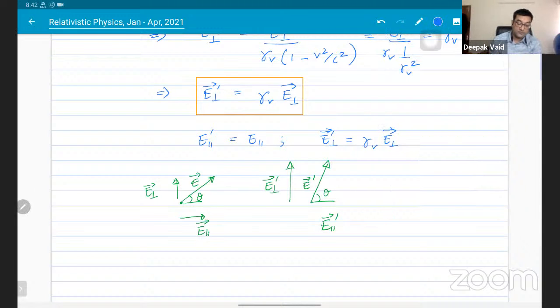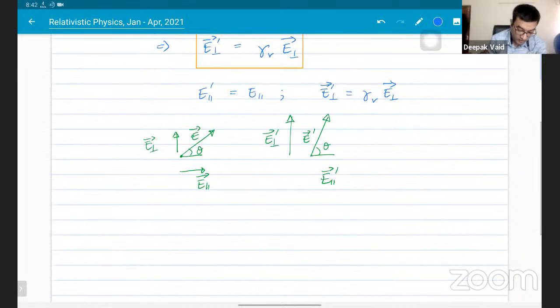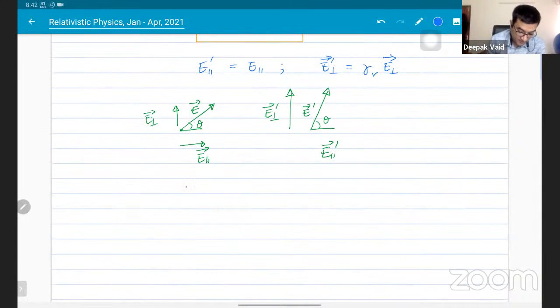Now we can ask, what is the magnetic field? What happens to the magnetic field, right? So now I have already said that. So let's look at the magnetic field contribution now.